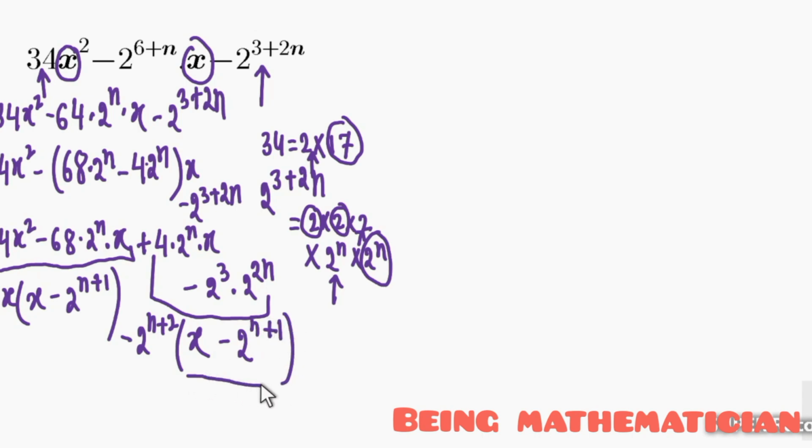So this term and this term are equal to each other, so we take this term common and we get x − 2^(n+1), and now we have 34x − 2^(n+2).